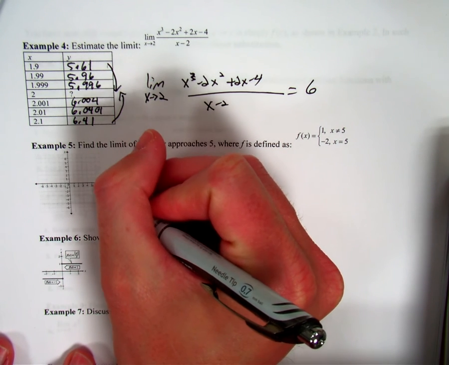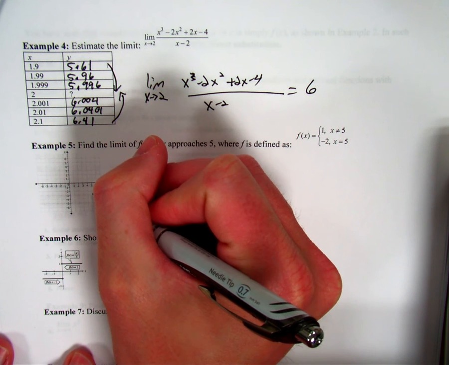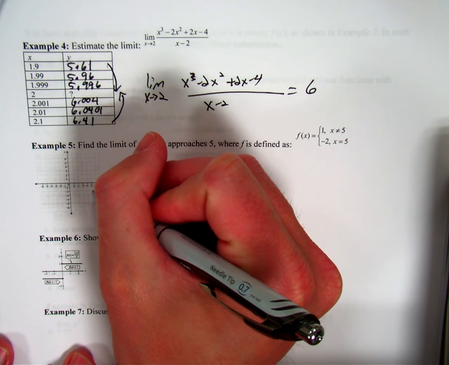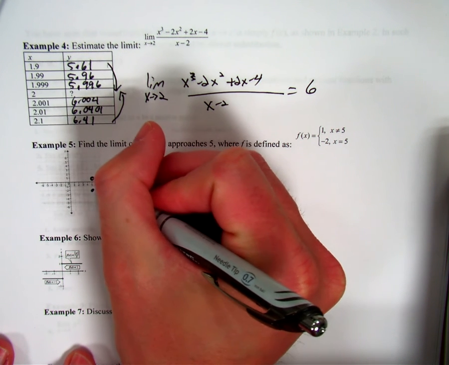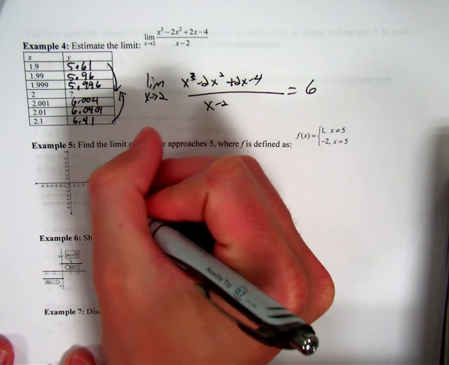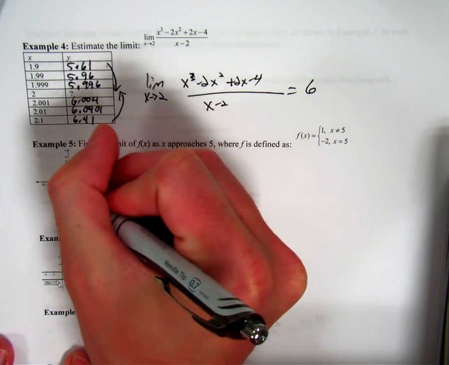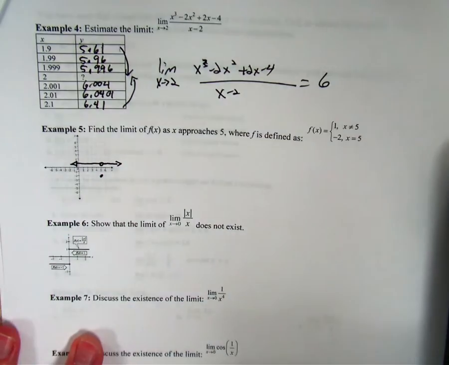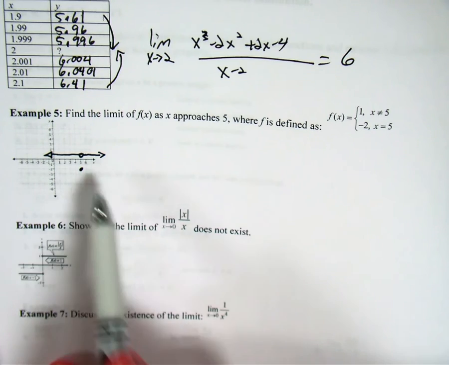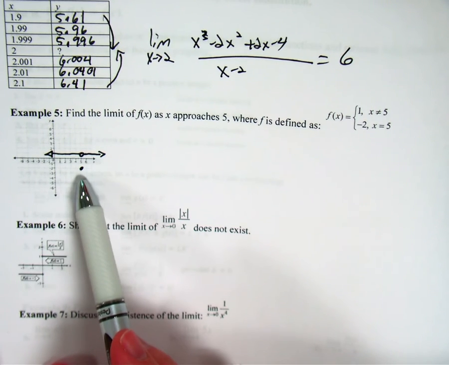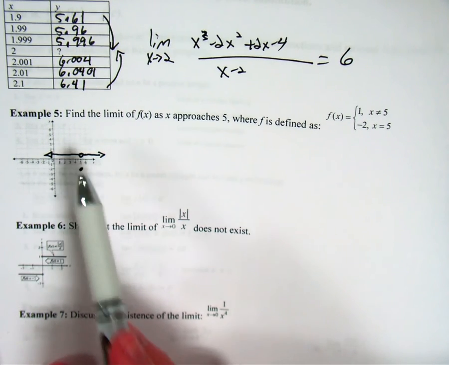At 5, it is negative 2. And this is some tough lines to read here. So everywhere else it's 1, but we got an open dot there. And then we just jump down to negative 2 right at 5.